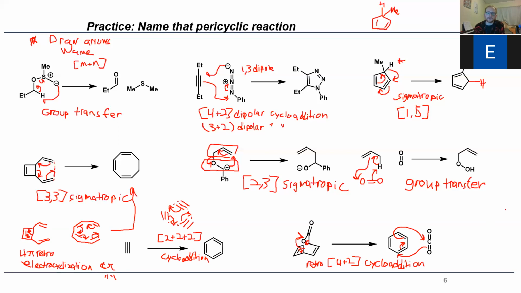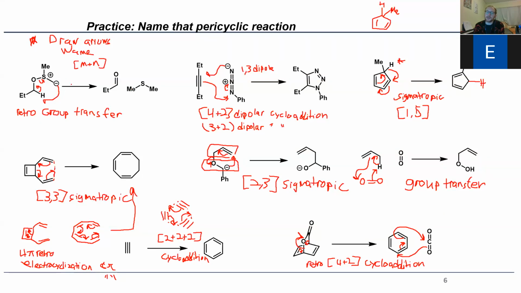Is there such a thing as a retro group transfer, or can the forward group transfer be reversed? Yeah, so an example I would say is shown here. Even though we tend to just call them group transfers, we can call this a retro group transfer here, right? Where we take one piece and make it two pieces.